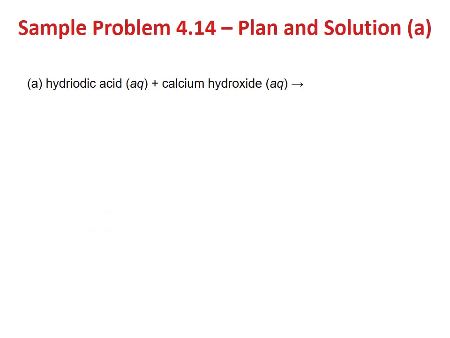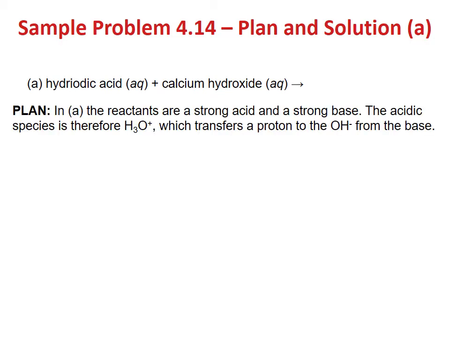In A, first we notice that both hydriodic acid and calcium hydroxide are a strong acid and a strong base. So they dissociate completely. The acid dissociates into hydrogen ion, combined with water forms hydronium ion. The base gives hydroxide ion.